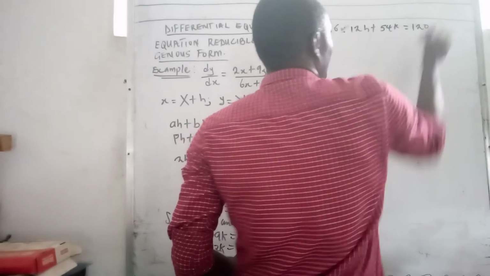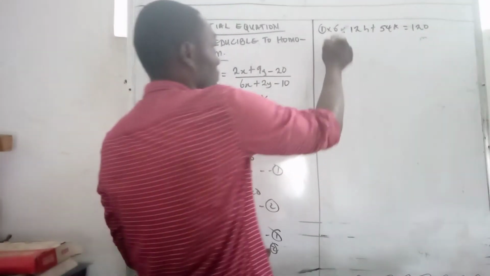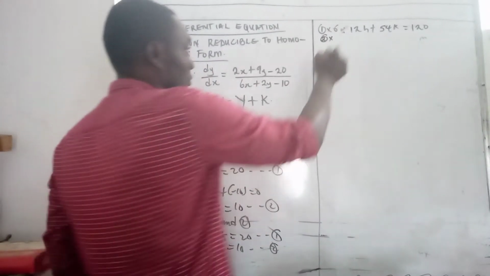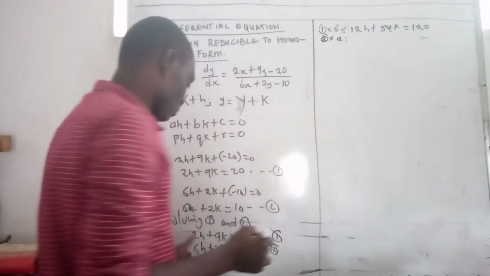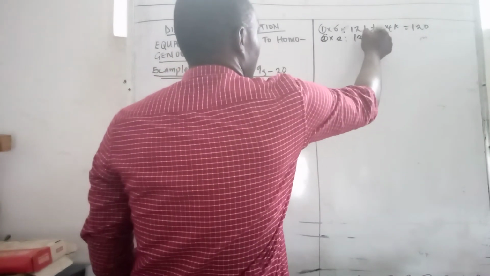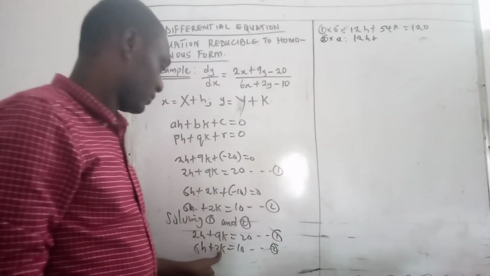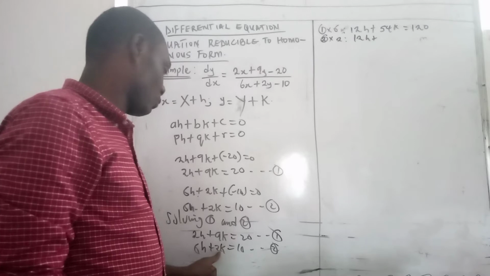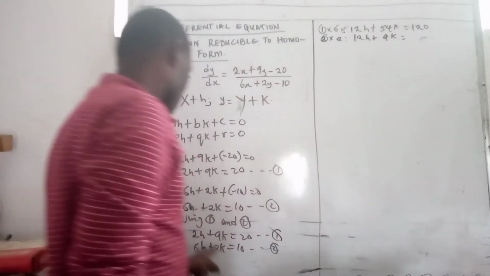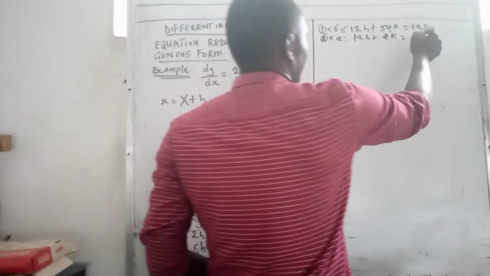I have 120. So I'm going to multiply equation 2 by 2. So I'm going to have 2 times 6, I have 12h, plus 2 times 2, I have 4k, equals 2 times 10, I have 20.